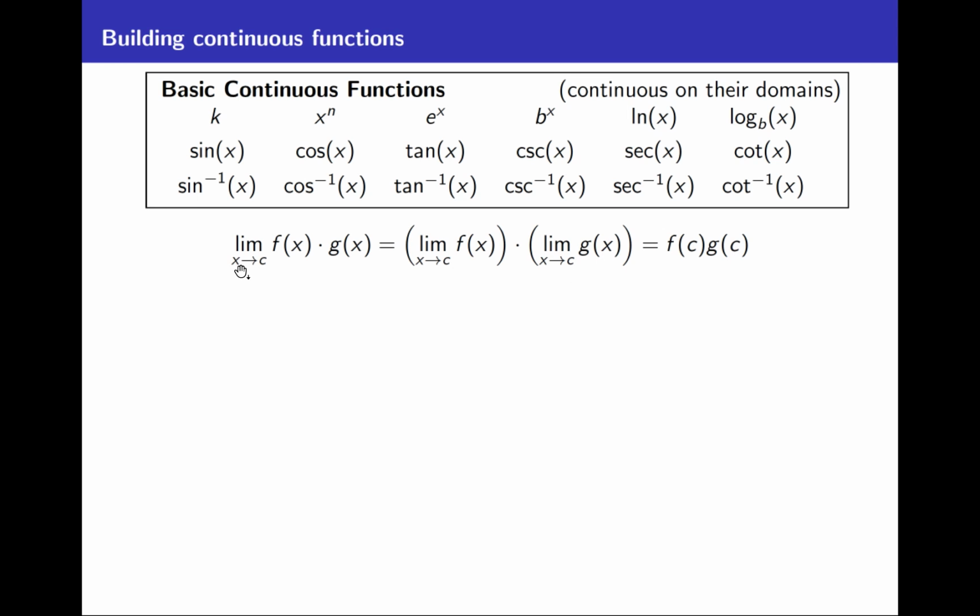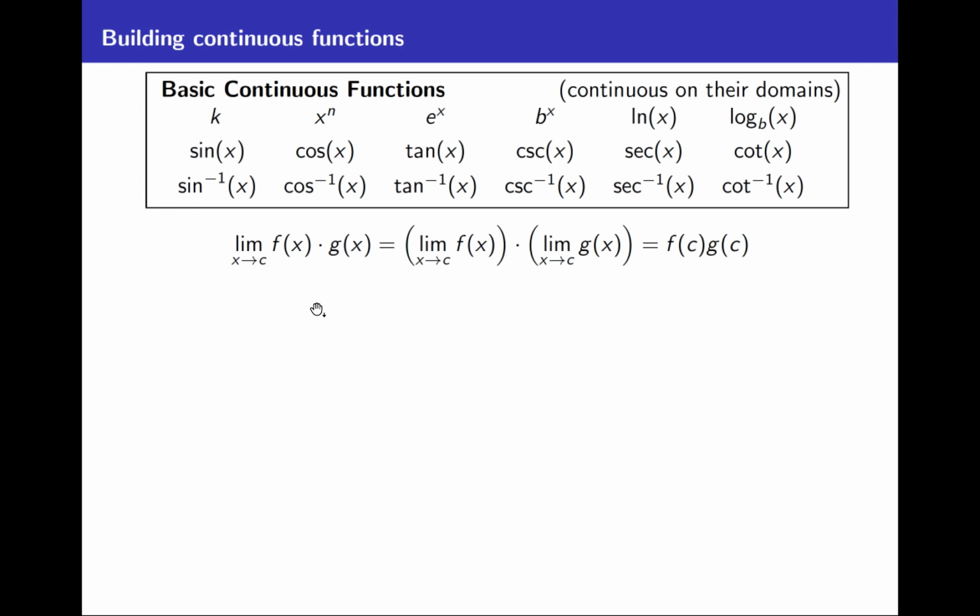So we see here that the limit as x approaches c of f of x times g of x equals f of c times g of c. In other words, to work out the limit of the product, just plug in c into the product. And that's saying that the function f of x times g of x is continuous at c. In fact, it's continuous at any number c that's in the domain of the product.